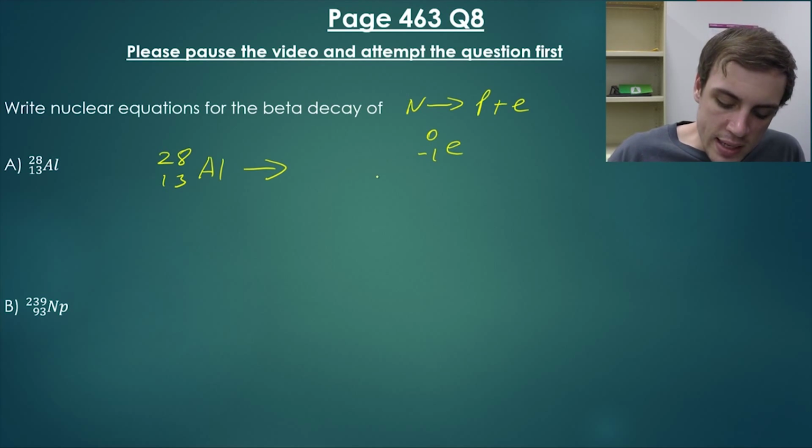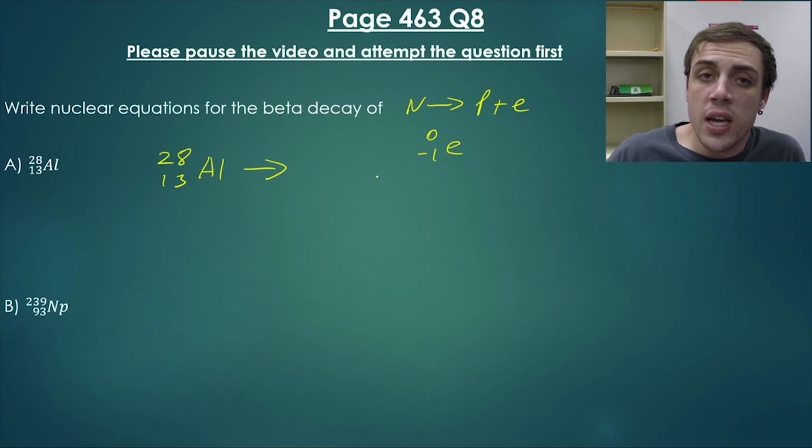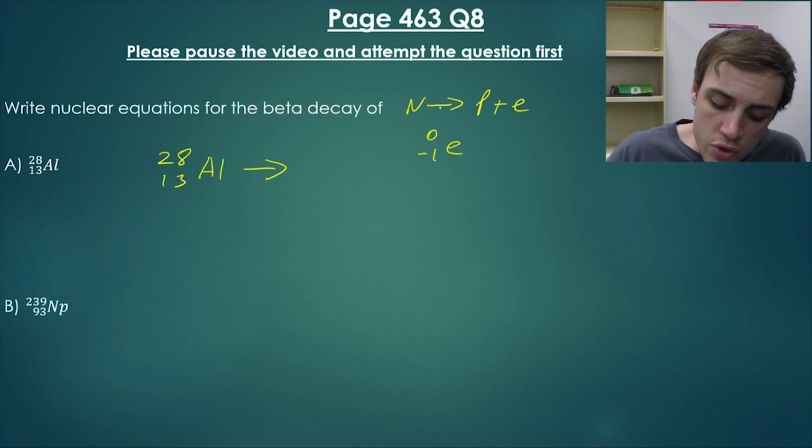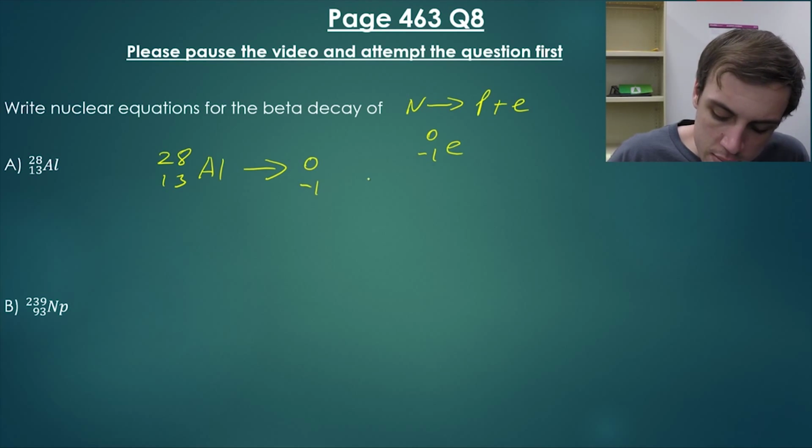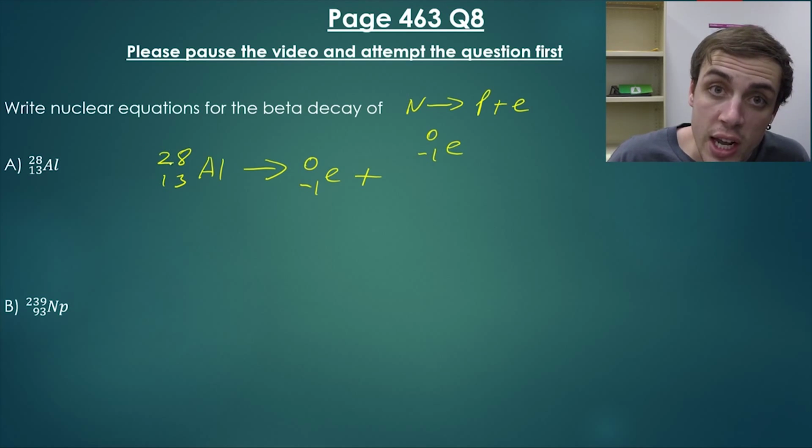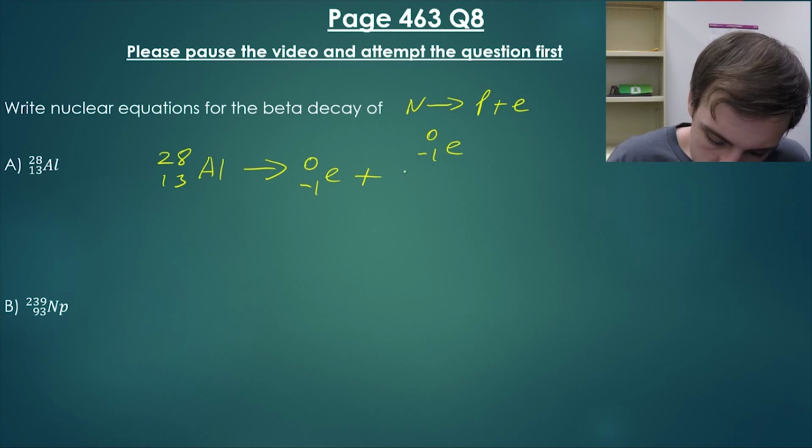So essentially we just write 0, minus 1, e, plus. Our top number here, 28, doesn't change. So we still have 28.